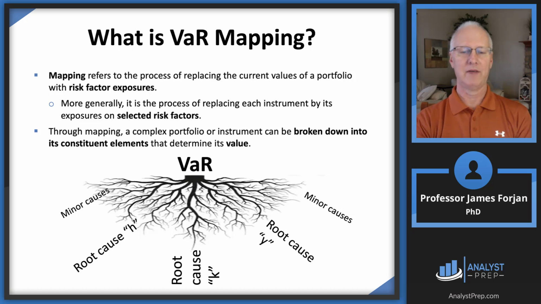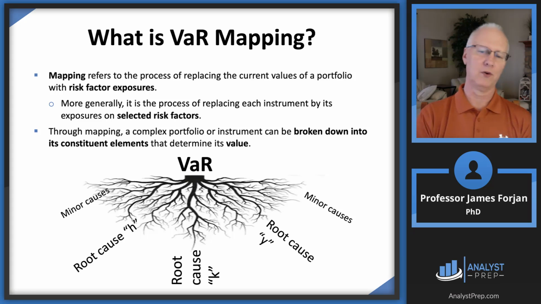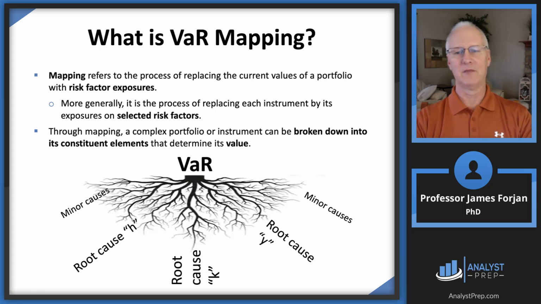But notice we have here a root cause H, a root cause K, a root cause Y, and then some minor causes as well. And so what we're really trying to do, notice that second block point. A complex portfolio can be broken down into its constituent elements that determine its value. So we're going to worry about those factors, those root causes that summarize all of those variables.